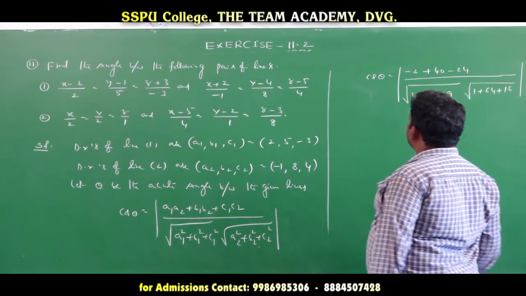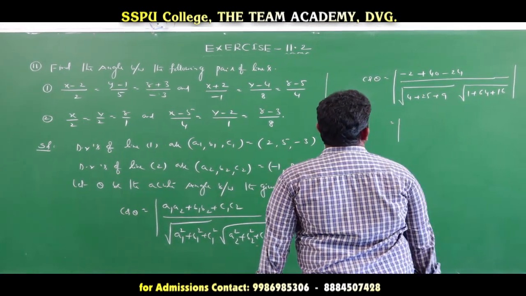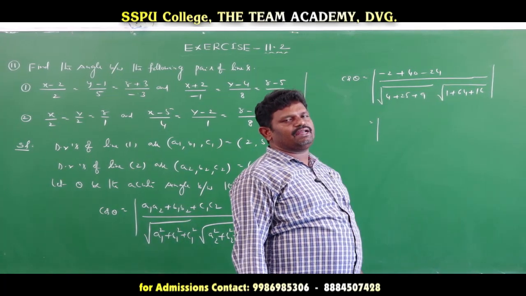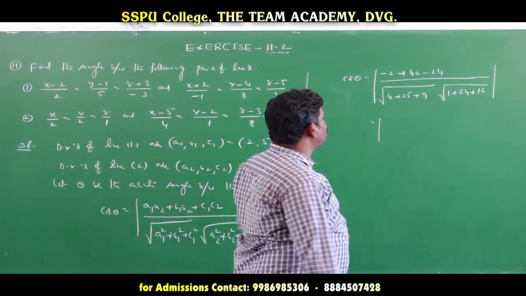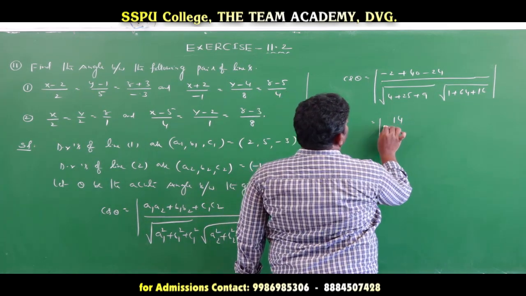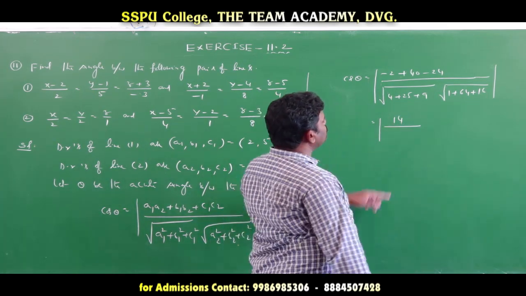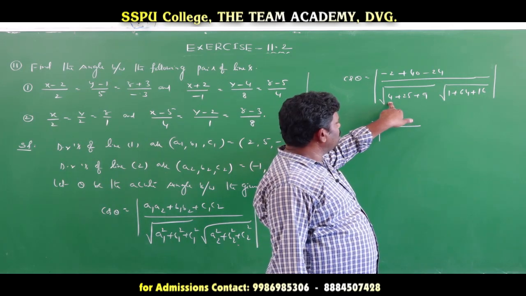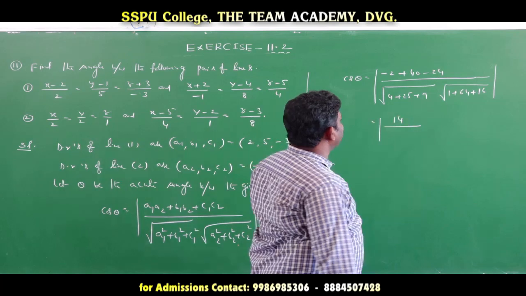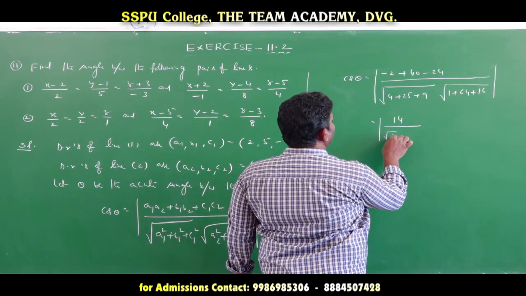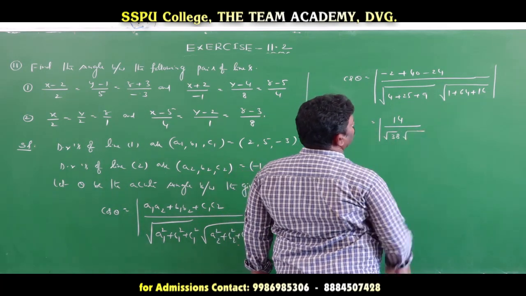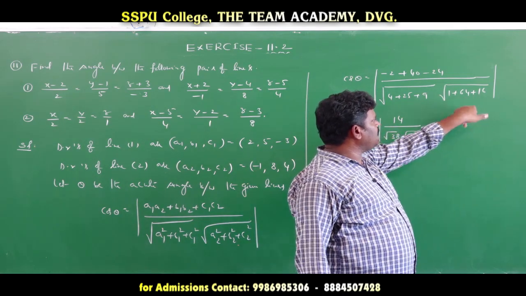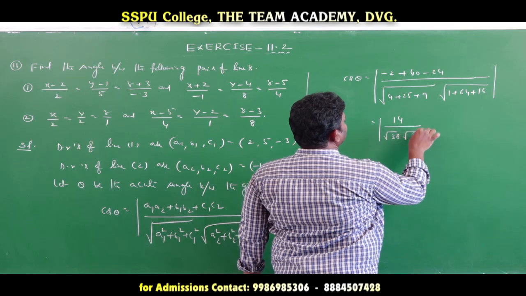Now simplifying: the numerator is 40 minus 26, which is 14. The first square root is 4 plus 25 plus 9, which is 38. In the second, 1 plus 64 plus 16 is 81, and the square root of 81 is 9.